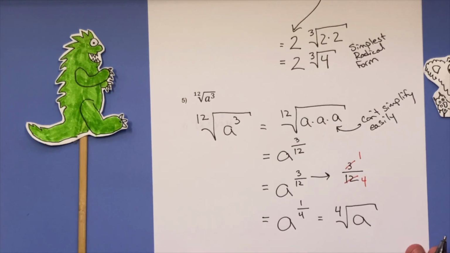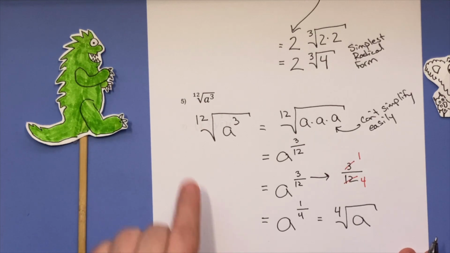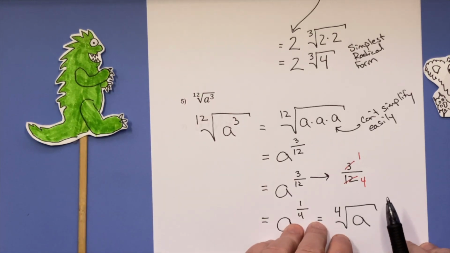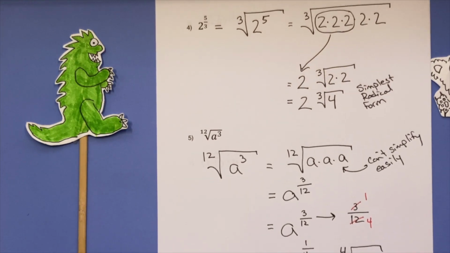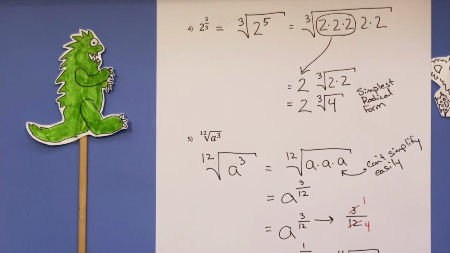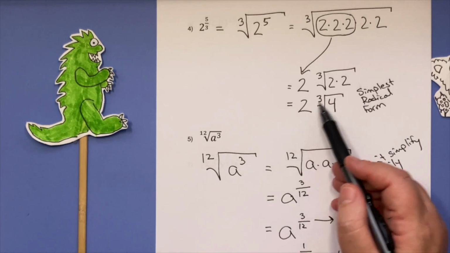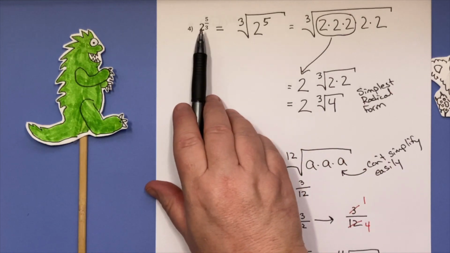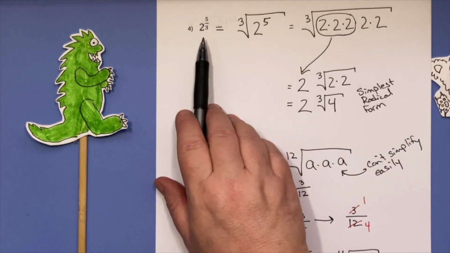And that brings up an interesting point. This problem was written as a radical, so we get an answer as a radical. I realized that up here, I actually should have gone one more step, because I answered as a radical, even though the question was asked with exponents.